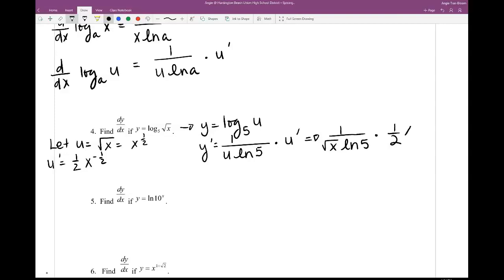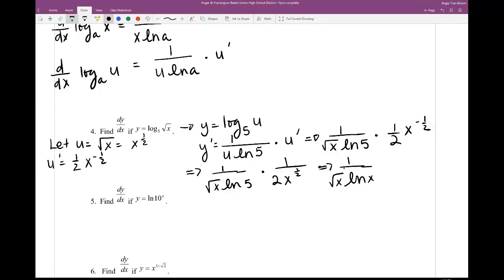Now let me tell you about x to the negative 1/2. You can make that into a positive power and move it down to the bottom. So 1 over square root of x times ln of 5 times 2 over x to the positive 1/2. Okay, well, positive 1/2 power is really square root, so let's keep on going a little bit more.